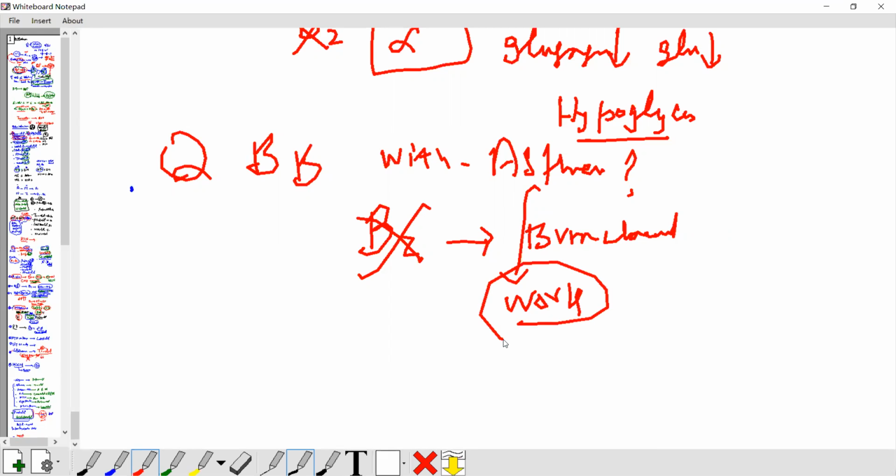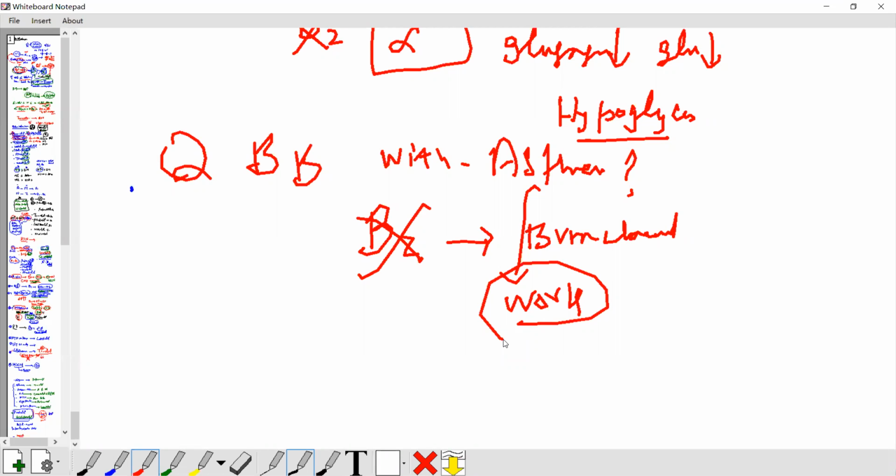For the selective ones: atenolol, bisoprolol, metoprolol. Even if you are using a selective one, you must take care about the dose. If you use a very high dose of bisoprolol or metoprolol, they can also act like non-selective.